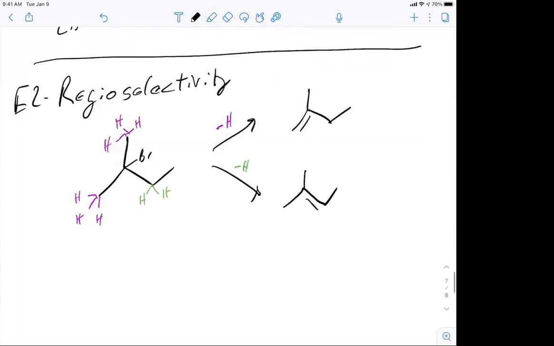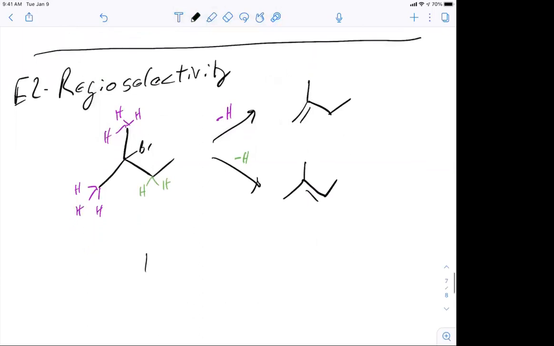Now, looking at these 2, which of these 2 is more stable? Is the di-substituted more stable, or is the tri-substituted more stable? Okay, the tri is more stable, right?